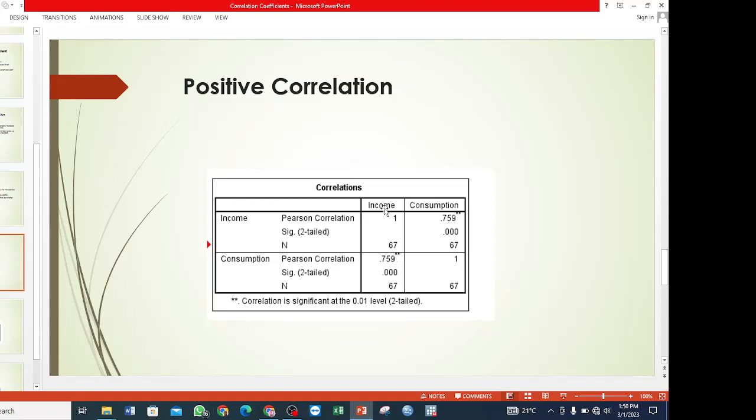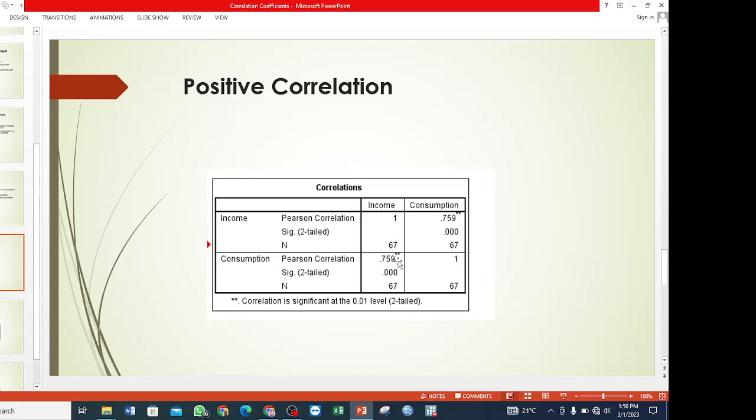So I want to test what is the association between income and consumption. And after running the correlation analysis, you find that the correlation coefficient is positive 0.759. So that would mean that there is a positive correlation between income and consumption.